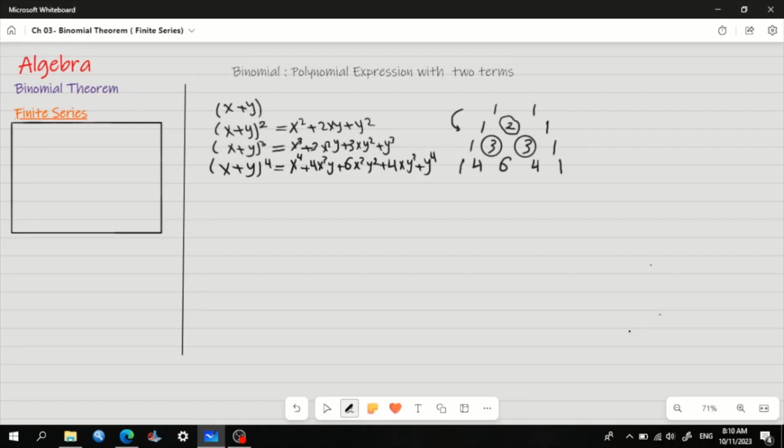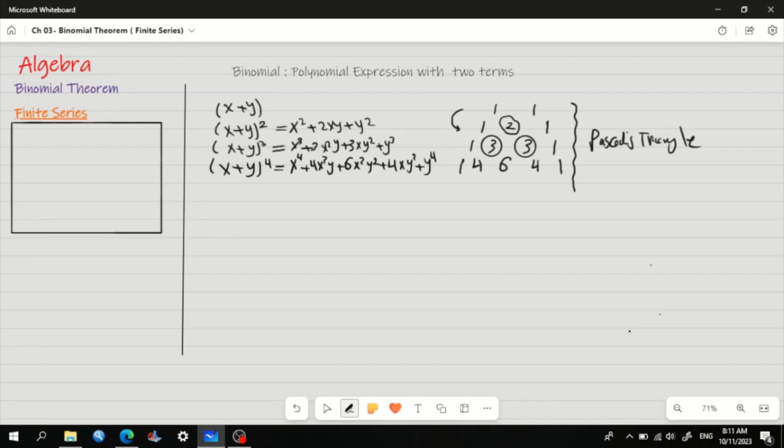Okay, and this is named Pascal's triangle of coefficients of binomial expansion.